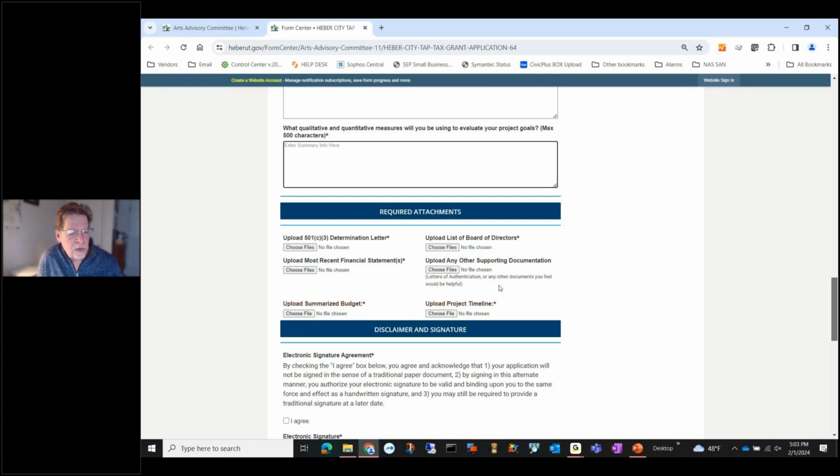The summarized budget and the timeline are distinctly different. I'd like you to consider, in the case of both of them, a single full page would be the minimum. We are not looking for a 65-page budget and a 75-page Gantt chart timeline, but we are looking for something that shows clear evidence that you've got a lot of thinking behind your project.